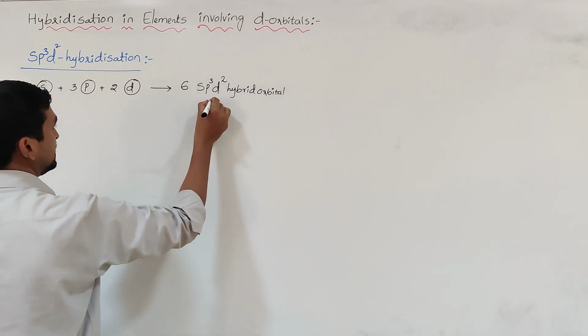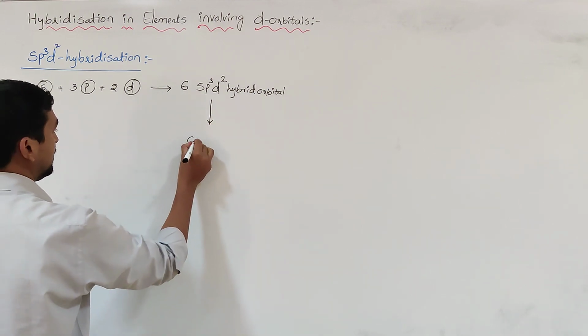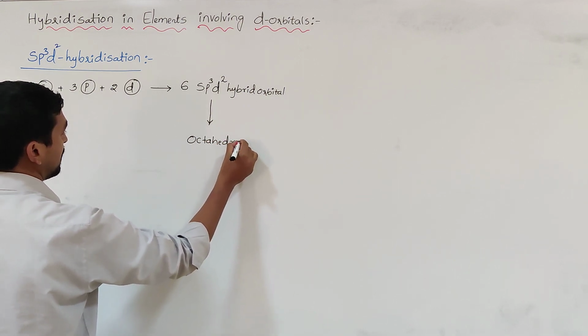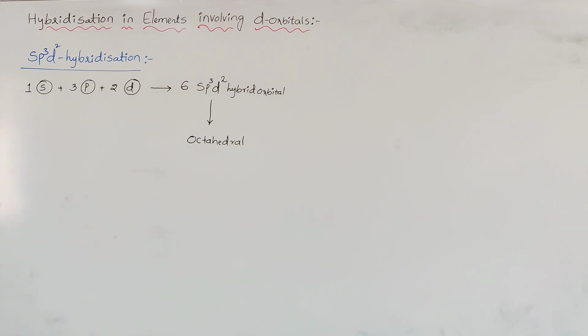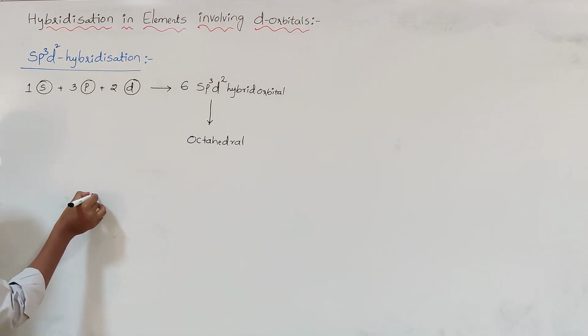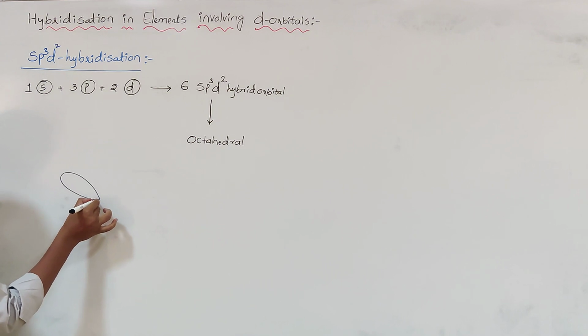These 6 sp3d2 hybrid orbitals adopt octahedral geometry. This hybridization is called sp3d2 hybridization. So the 6 sp3d2 hybrid orbitals adopt octahedral geometry like this.